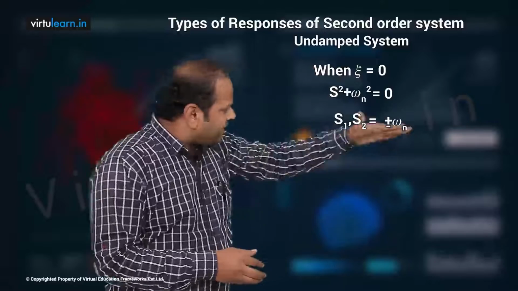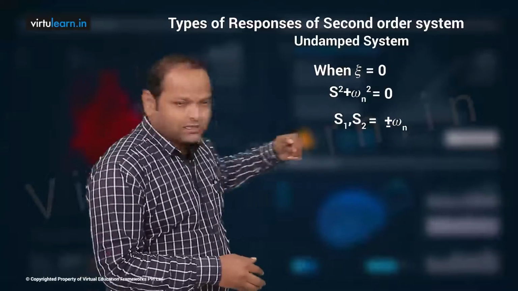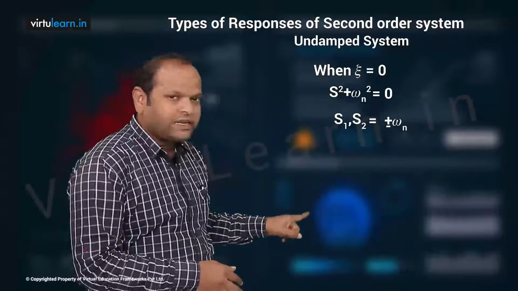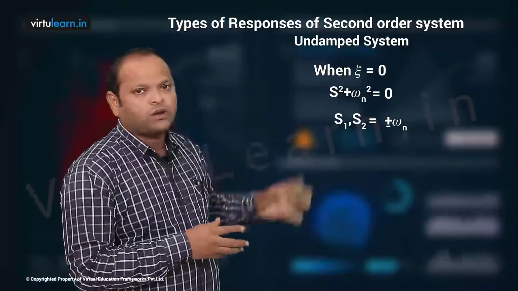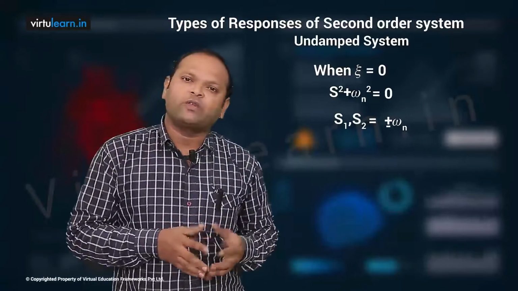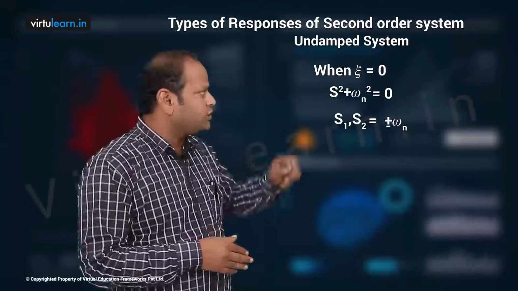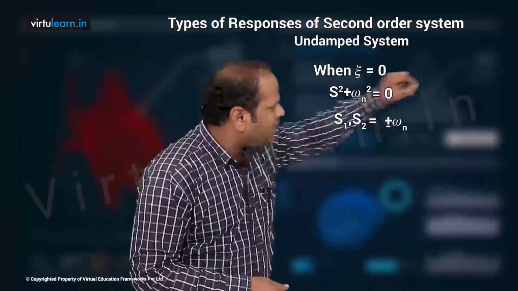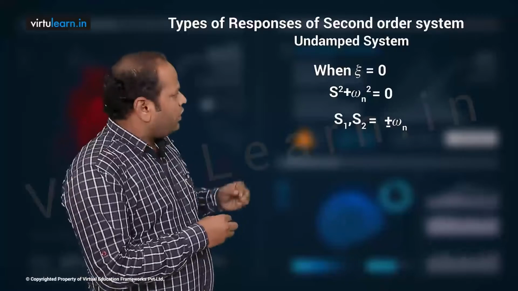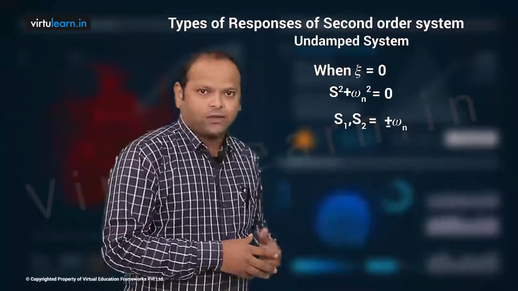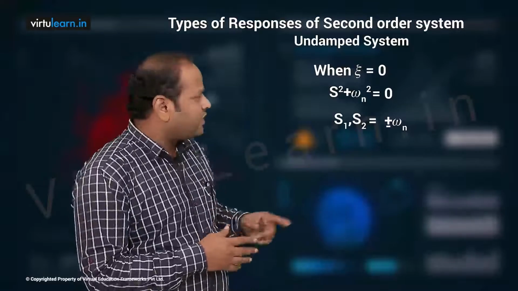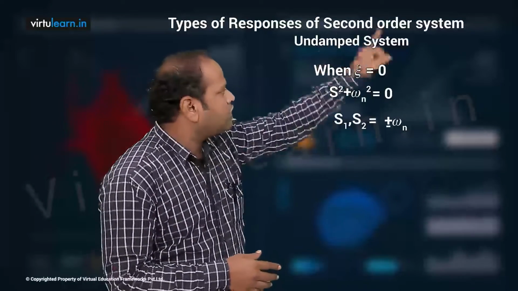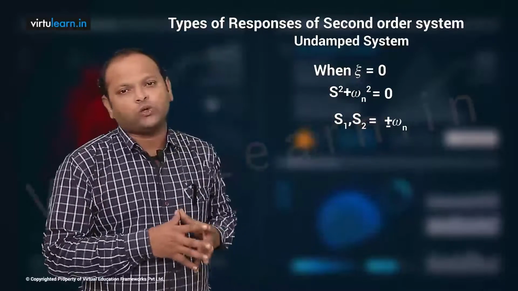Now we'll see that response. This x-axis is time t, and what will be the steady state value? Let us say this is your unit step response, and for a unit step response the steady state value is 1. So this is the steady state value. Now if you increase the time, the moment you apply the step input, the response will have continuous oscillations as shown here.